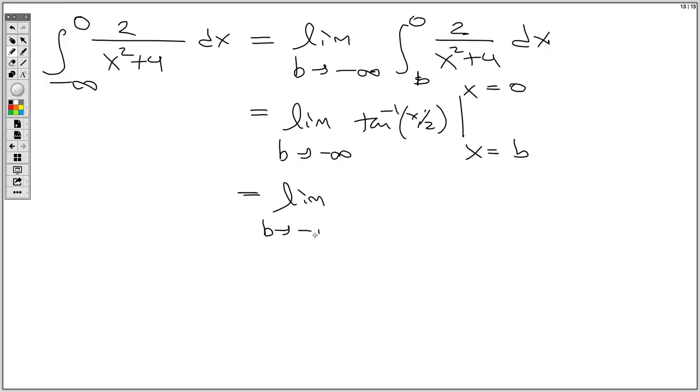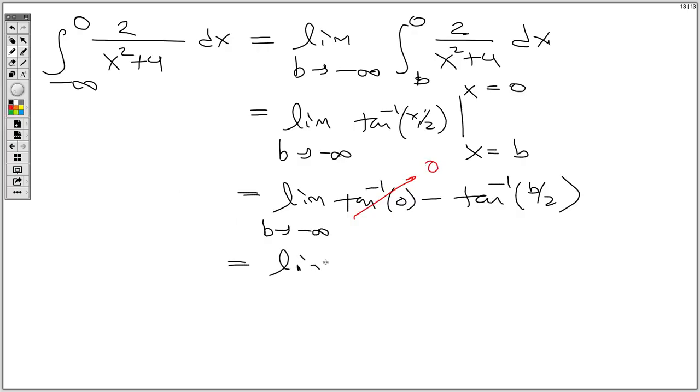That's the limit as b goes to minus infinity of inverse tangent of 0 minus inverse tangent of b over 2. And once again, the inverse tangent of 0 is 0. And so I'm looking at the limit as b goes to minus infinity of negative inverse tangent of b over 2. So once again, looking back at the graph of the inverse tangent, it's just the graph of tangent on its side.